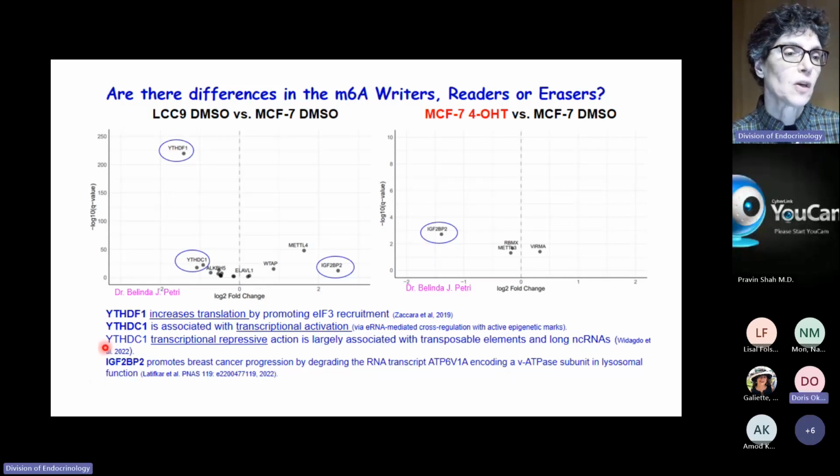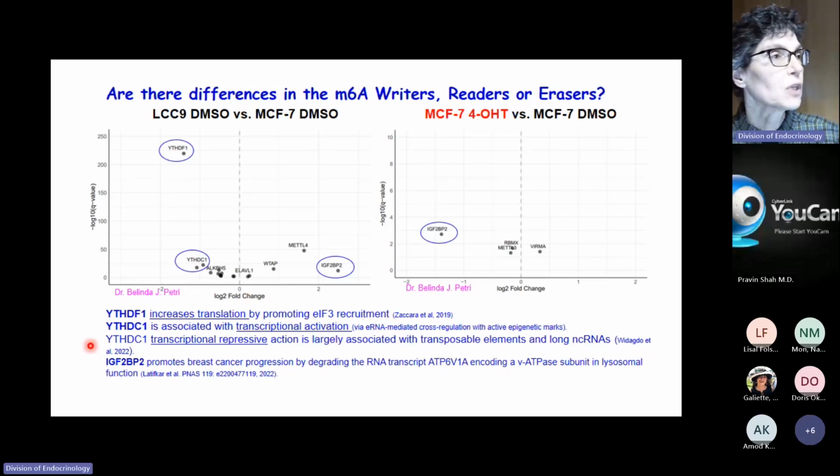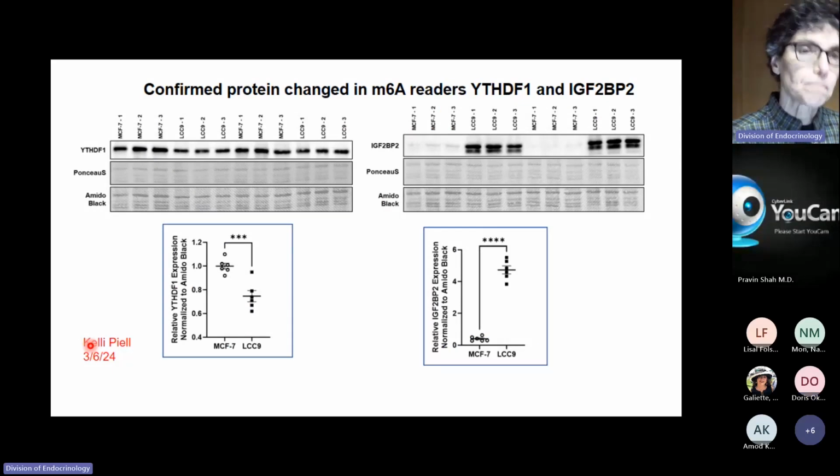And I have written, or maybe Belinda and I have written some things about these writer proteins down here. Again, the role of the writer protein is very cell context dependent, and these readers also interact with other proteins. So whether they increase translation or stability is very cell type and context specific.